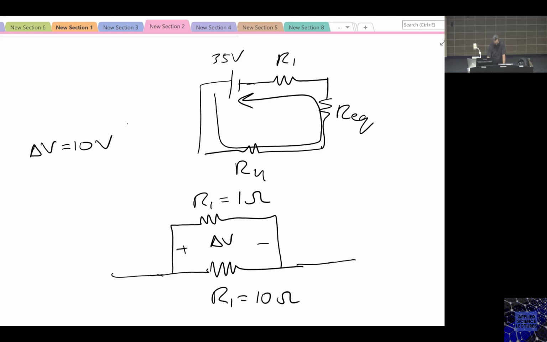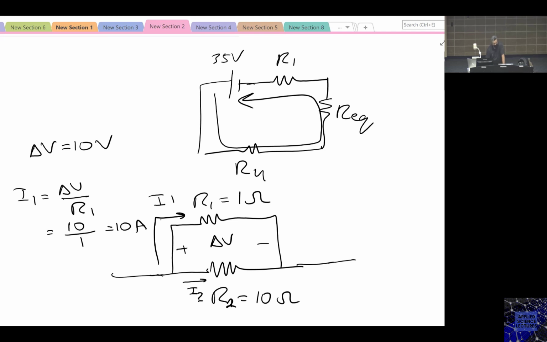Then if you calculate the current, let me call this one I1, and let me call this one I2. Then I1 is delta V divided by R1, delta V 10 divided by 1, which is 10 amperes.